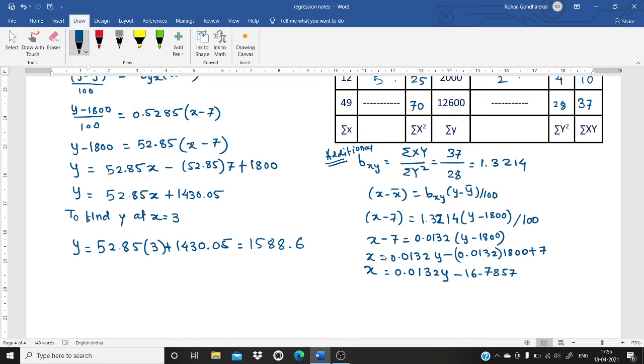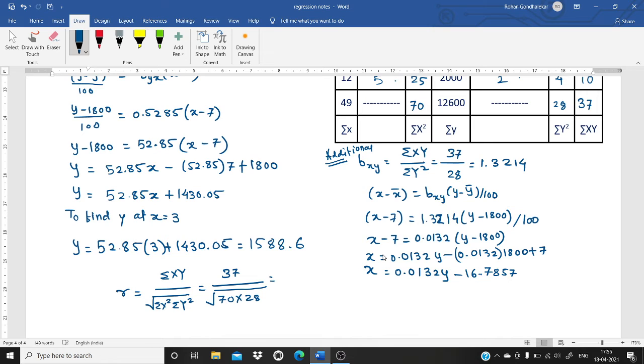Fine. Now, what is R? Summation xy divided by square root of summation x square into summation y square. Now, in the case of R, there is no impact of the change of scale or shift of the origin. So you can go with the direct values. 37 divided by square root of 70 multiplied by 28.